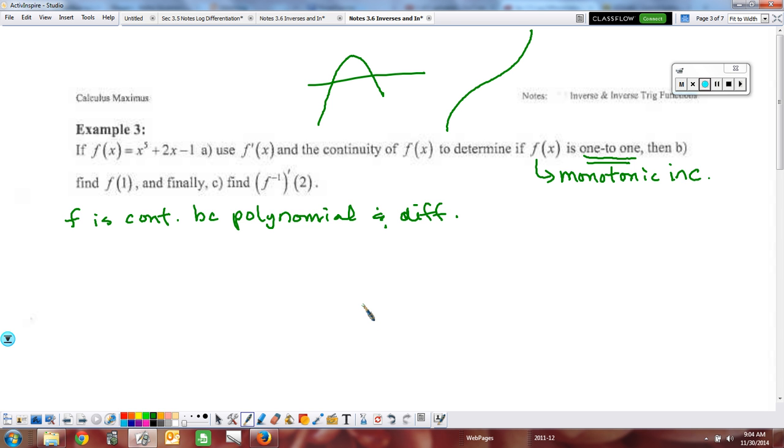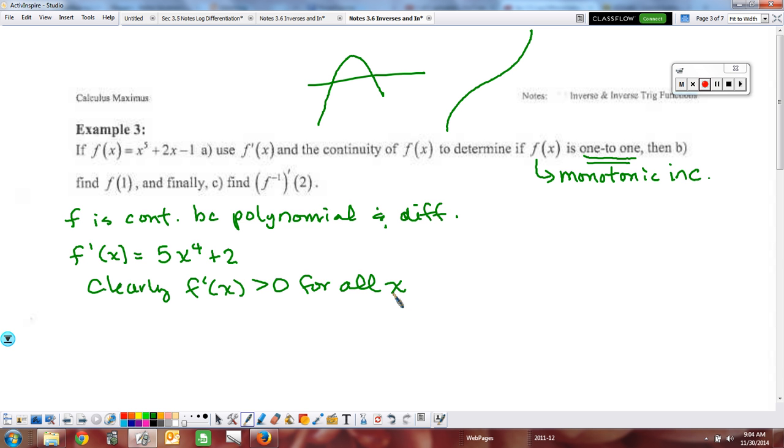So that means we have a derivative. We can take the derivative. Our f prime of x is going to be 5x to the fourth plus 2. And at this point, just by looking at this clearly, f prime of x is greater than 0 for all x, because you take any x raised to the fourth power, it is positive, times positive, plus positive.